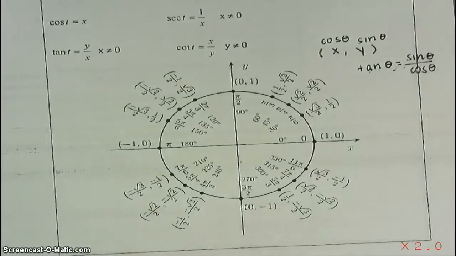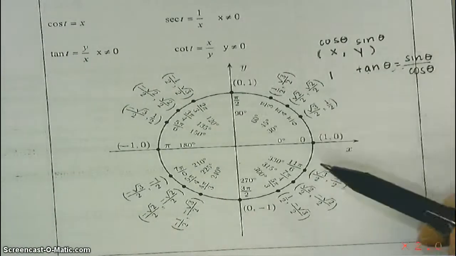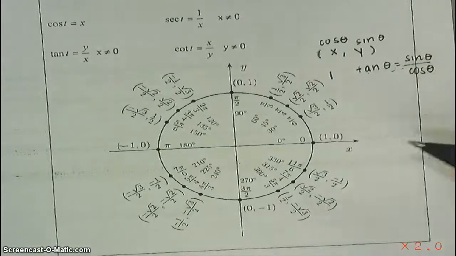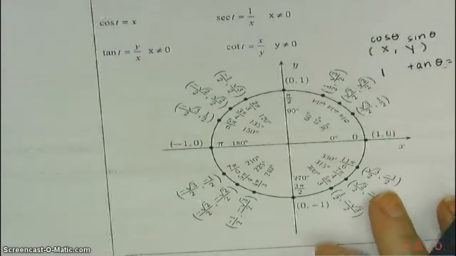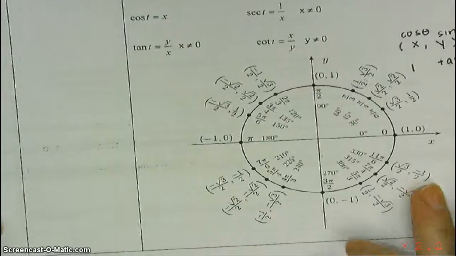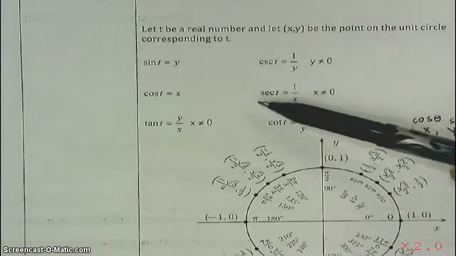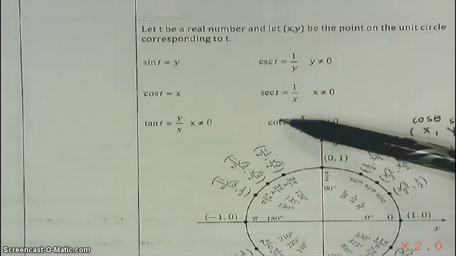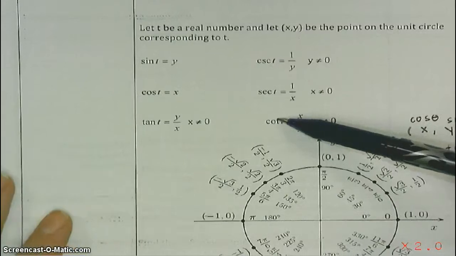And in class, we filled out all of the tangent values around the unit circle, and I would encourage you to continue to do this on your own, but for note's sake and video's sake, I'm going to keep it short and keep going. Some other things that we talked about are what cosecant, secant, and cotangent are. This is probably your first time seeing these, but they're the reciprocals of sine, cosine, and tangent.